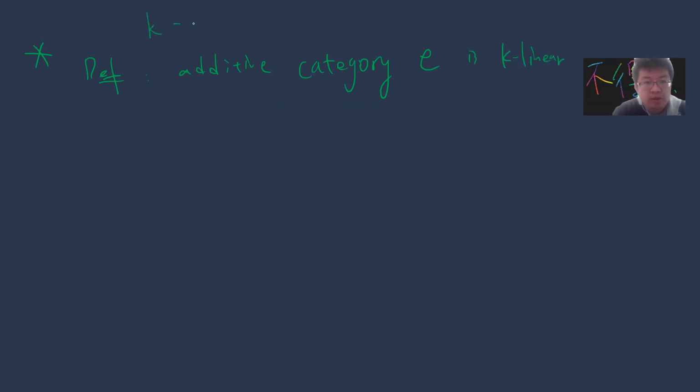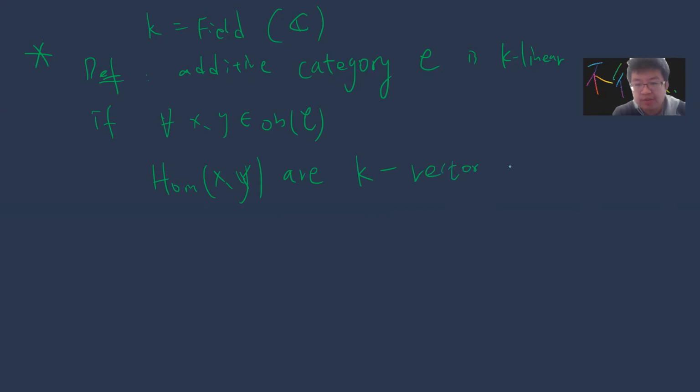By the way, K is a field, usually the complex numbers. So K-linear means your hom set is not just an Abelian group, but a K vector space, if for all X, Y in the objects of C, Hom of X and Y are K vector spaces.